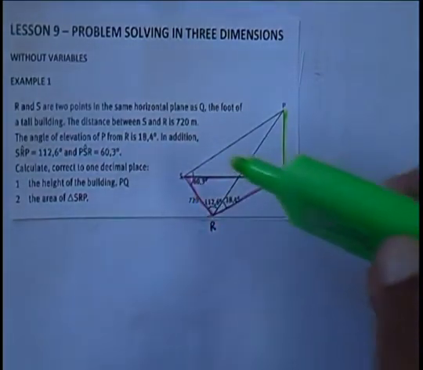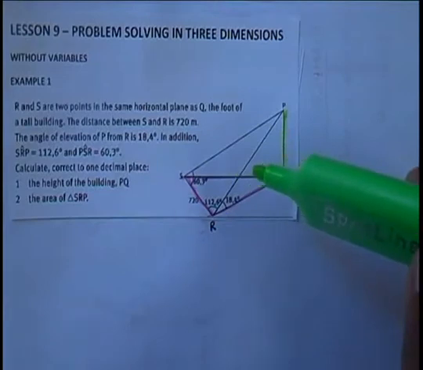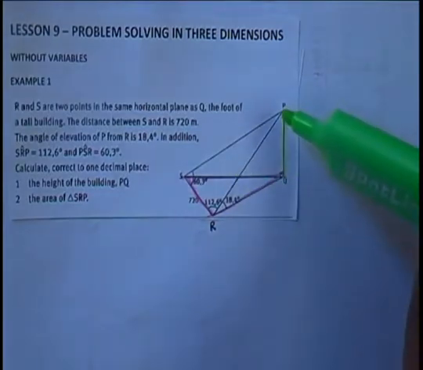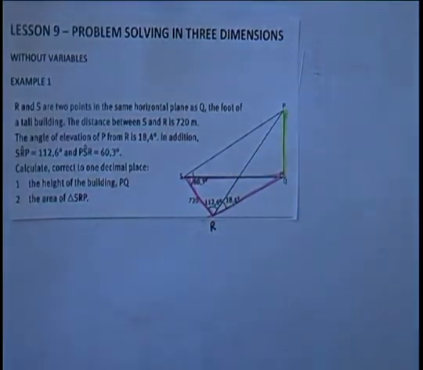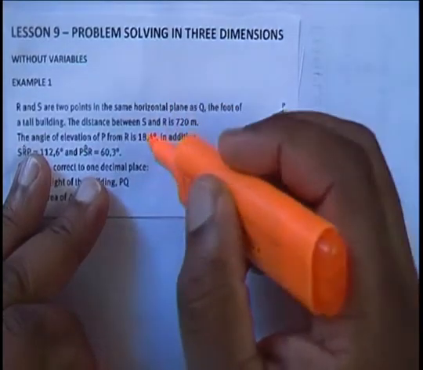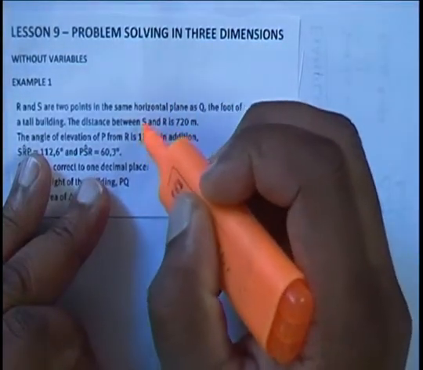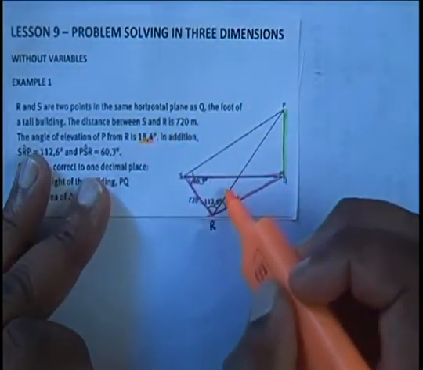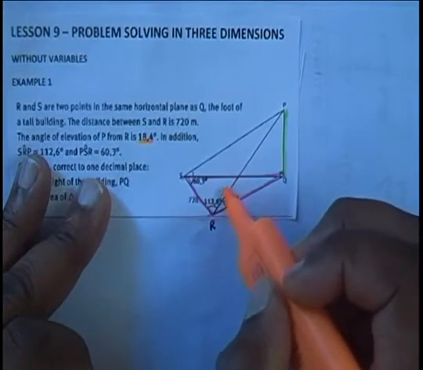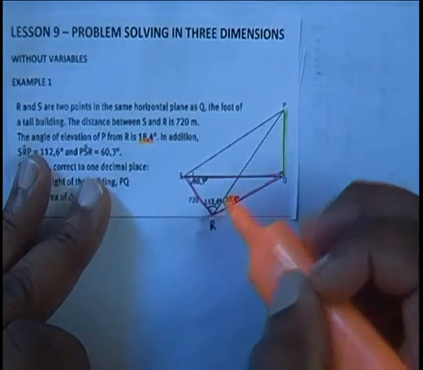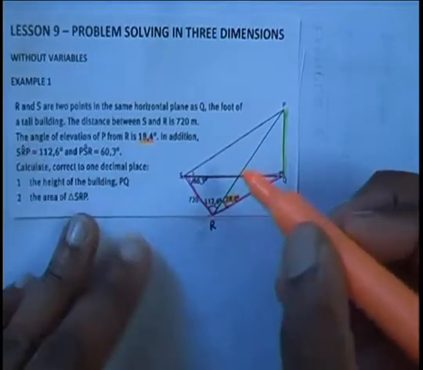Okay, here it is. The angle of elevation of P from point R is 18.4 degrees, right? So we just need to understand which one is the 18.4. So the angle of elevation is 18.4 degrees, so that means this is the angle of elevation. It's this one here, right?